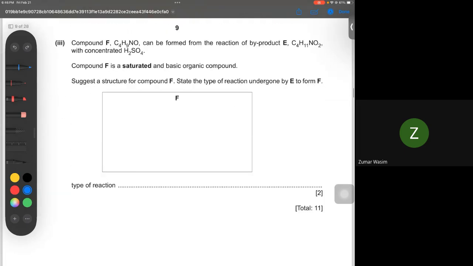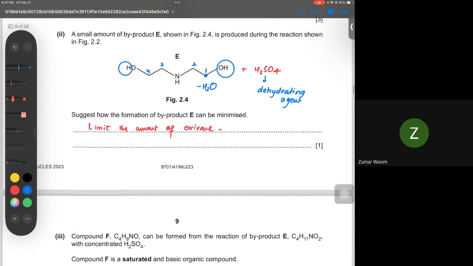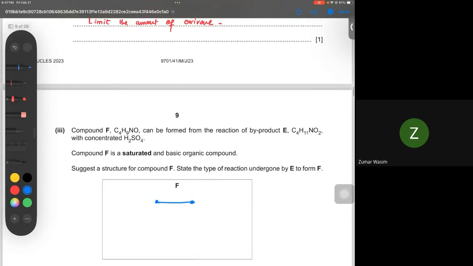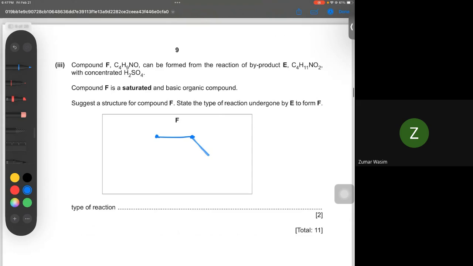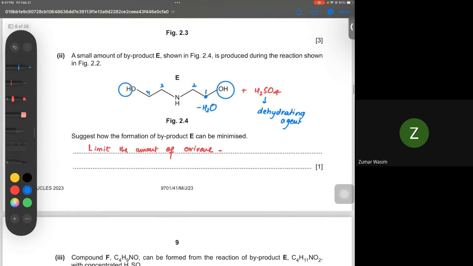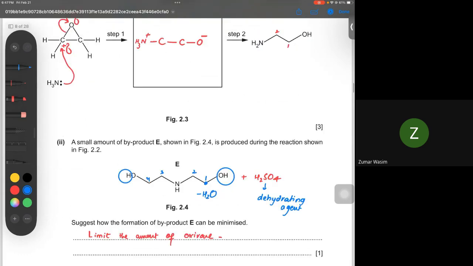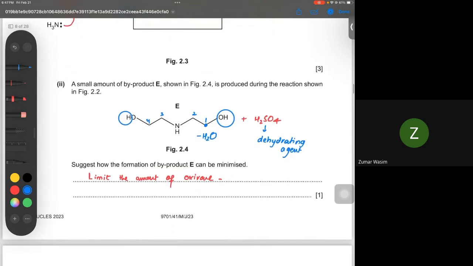So how can I draw this? This is 1, this is 2, this is 1, this is 2. The first position, the first carbon, is connected with that oxygen.